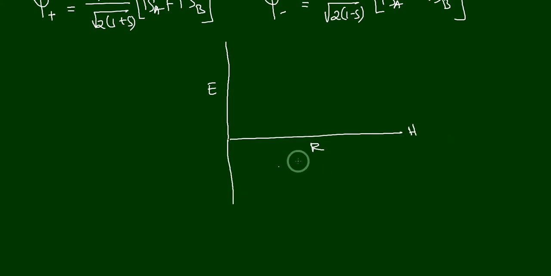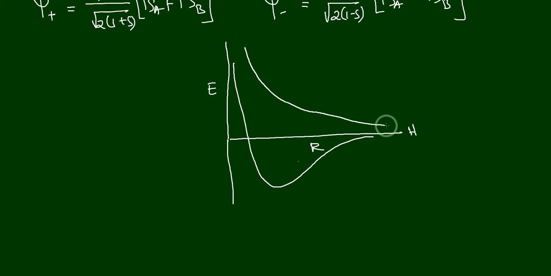Then if we are plotting E plus, the plot of E plus will be like this. And if you are going for the plot of E minus, it will be like this. That is, this is a plot of E minus and this is a plot of E plus.